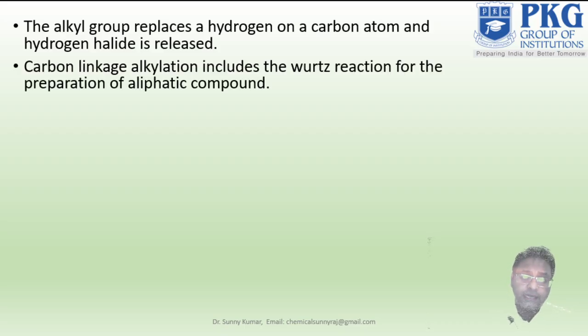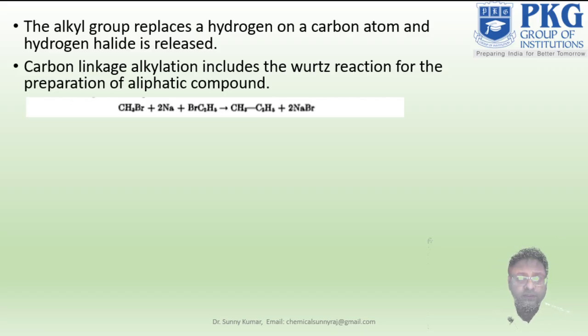Carbon linkage alkylation includes the Wurtz reaction for the preparation of aliphatic compounds. This is the reaction: CH3Br plus 2Na plus BrC2H5 gives CH3-C2H5 plus 2NaBr. So a salt is forming, and this is the carbon linkage alkylation happening.